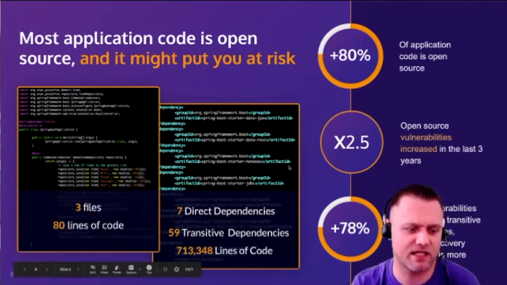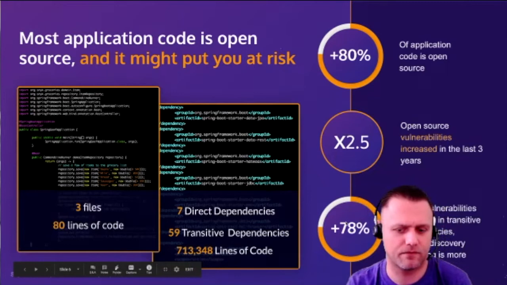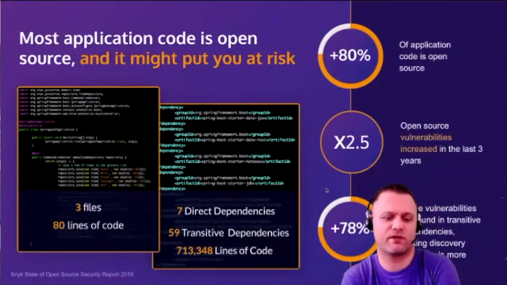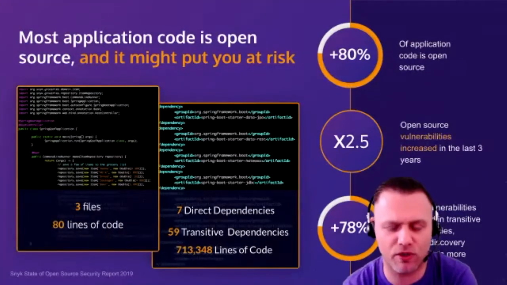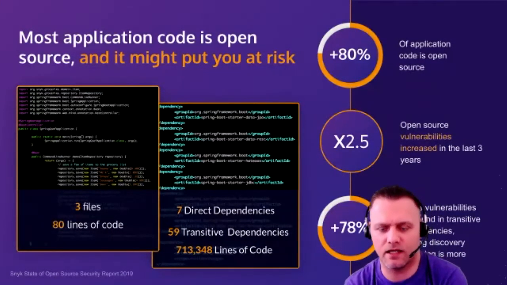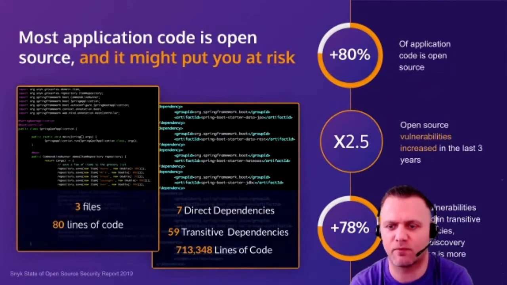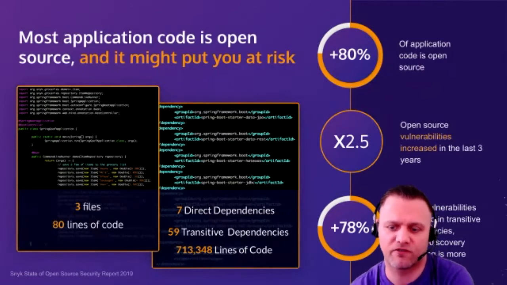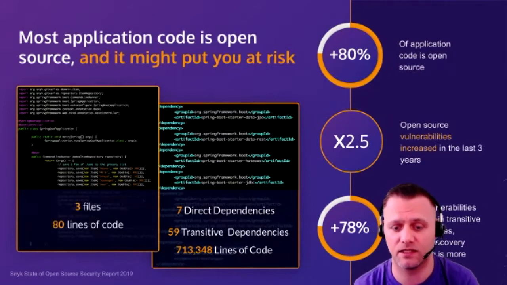You can see there it says State of Open Source Security Report. This is a yearly report we give out, and we research a few numbers. For example, we can say that open source vulnerabilities increased over the past 3 years by a factor of 2.5, and also 78% of vulnerabilities are found in indirect dependencies, which for a developer is hard to find.